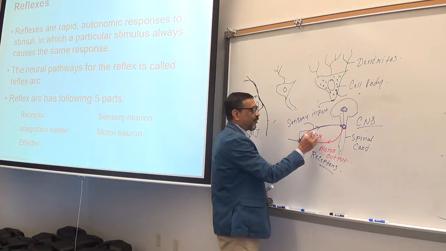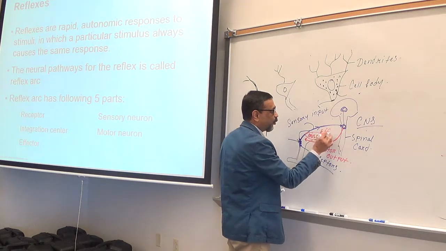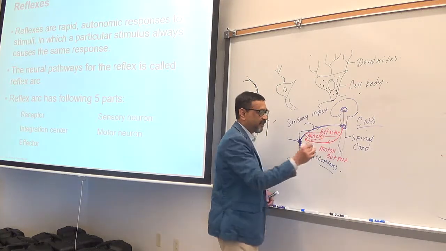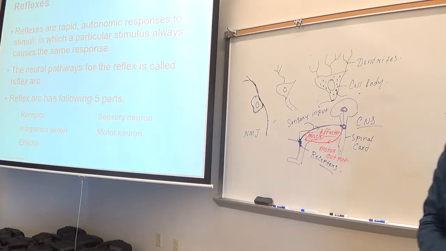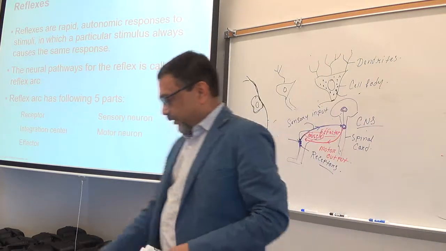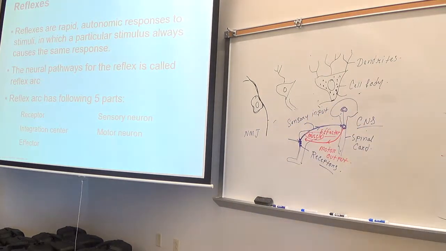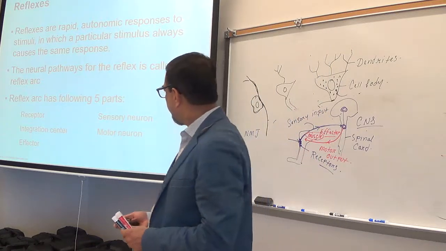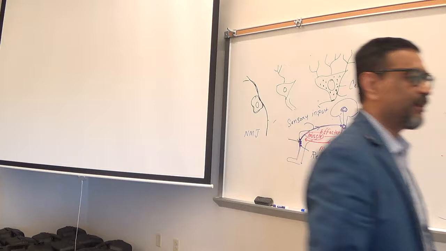In this case, the muscle is the effector that performs the action. Okay? So those are the five components of the reflex arc. Okay? Make sense? Okay.